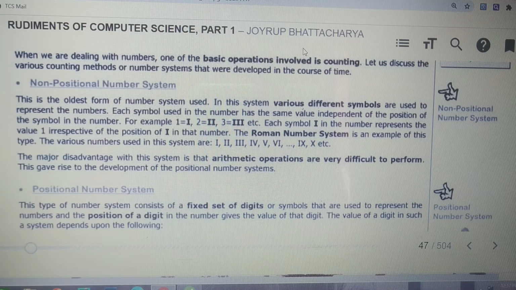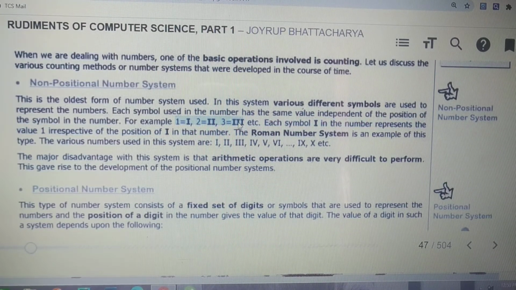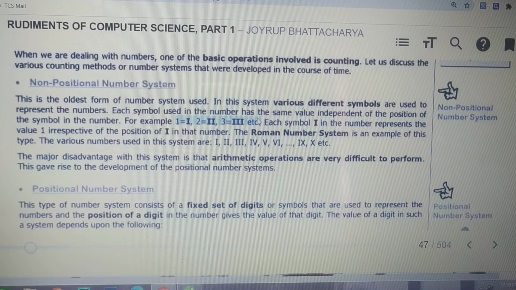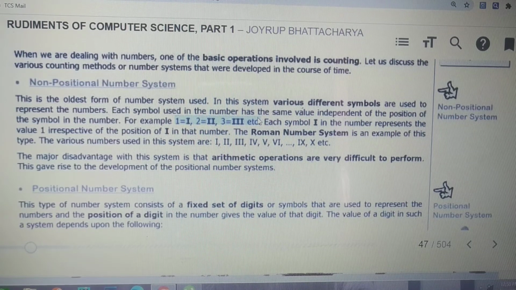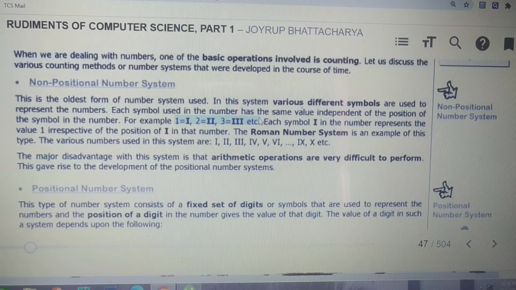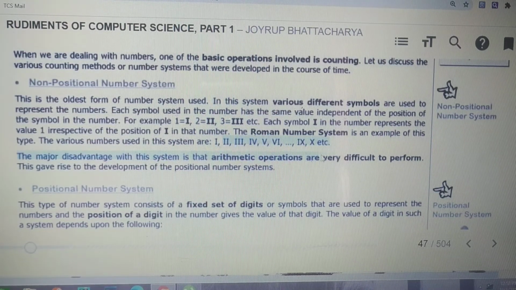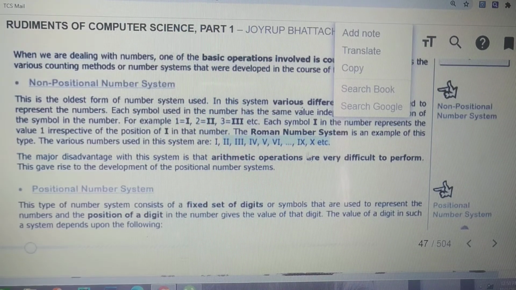The non-positional number system is the oldest form of number system. In this system, various symbols are used to represent numbers. As you can see, Roman I represents 1, II represents 2, III represents 3. In this way, using these symbols, this is an example of the Roman number system.